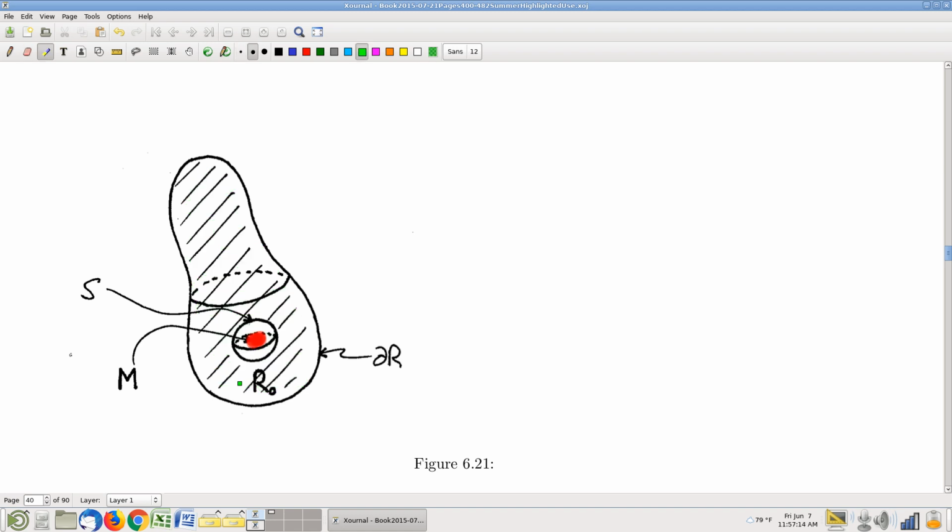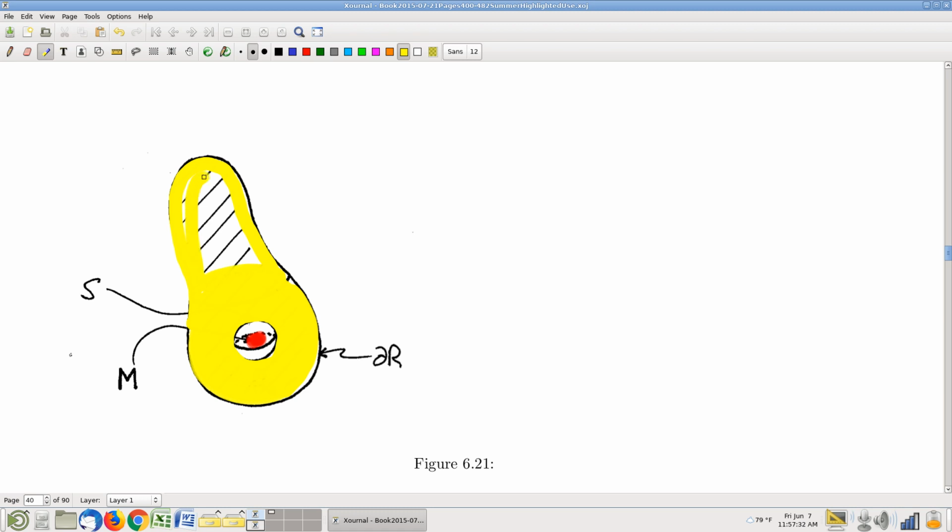What we're going to do is say, sure, there's mass there inside of R, but let's look instead at R naught. This is a really clever move, by the way. Wish I thought of this. Somebody beat me to this by probably at least 100 years.